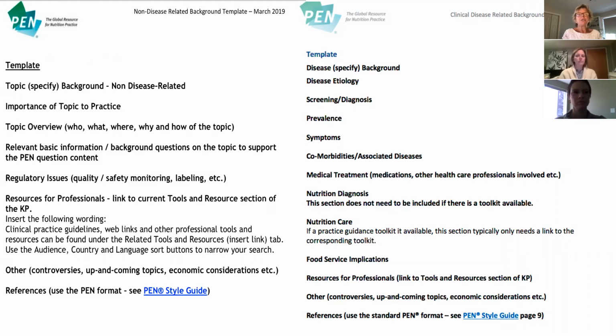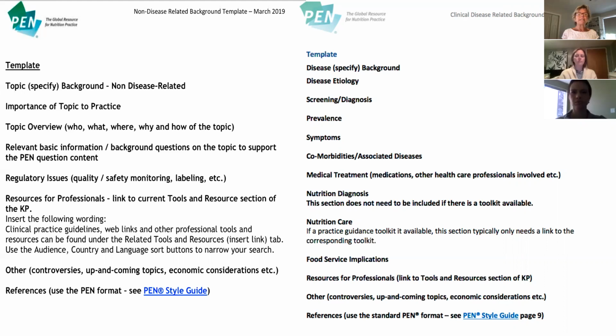We might use this for a specific nutrient, plant proteins, or food security, a non-disease condition. We include information about why this is an important topic, what the overview is, some basic relevant information, and links to resources for professionals.